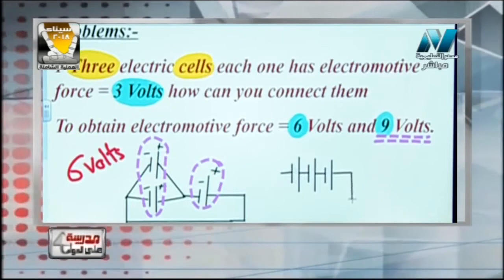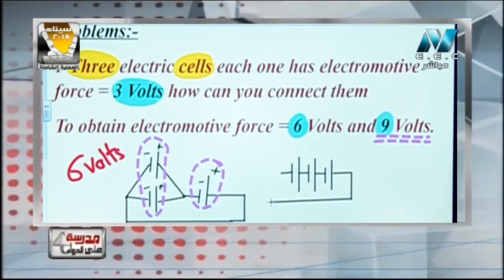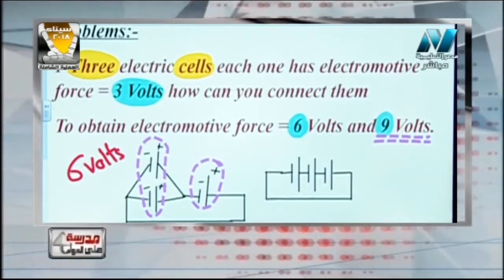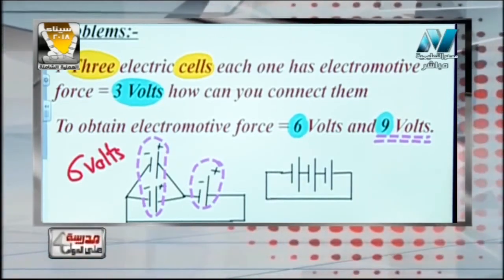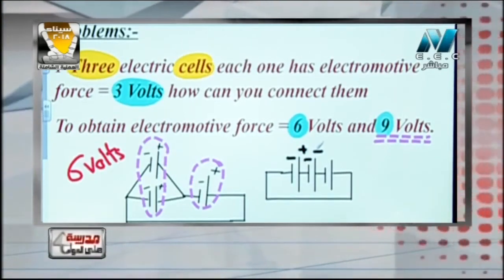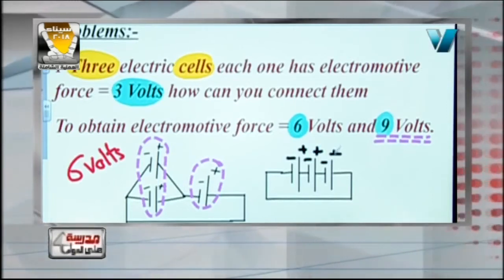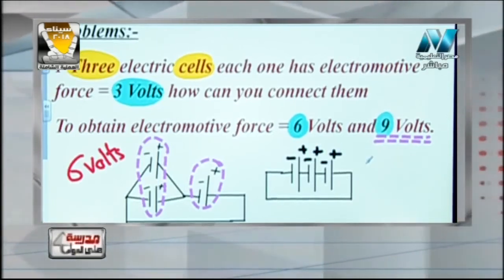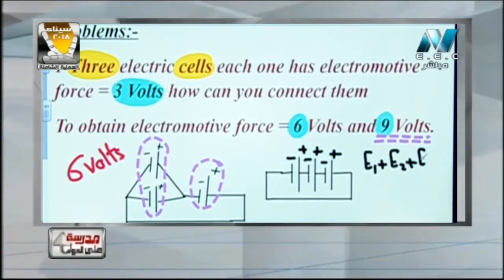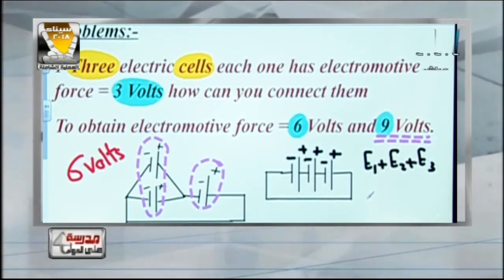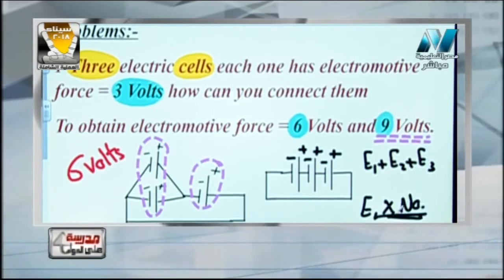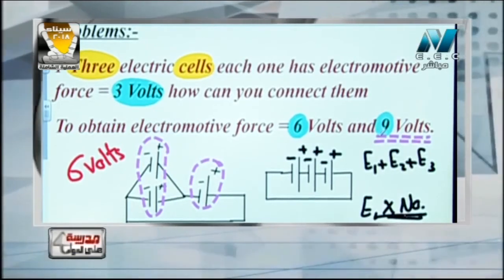So we have electromotive force equal, in this case, 9 volts, because in this connection we calculate the electromotive force by the summation of all electric cells. So here E1 plus E2 plus E3, or we can calculate it another way: E1 times number of cells. So we obtain from this connection the maximum electromotive force.